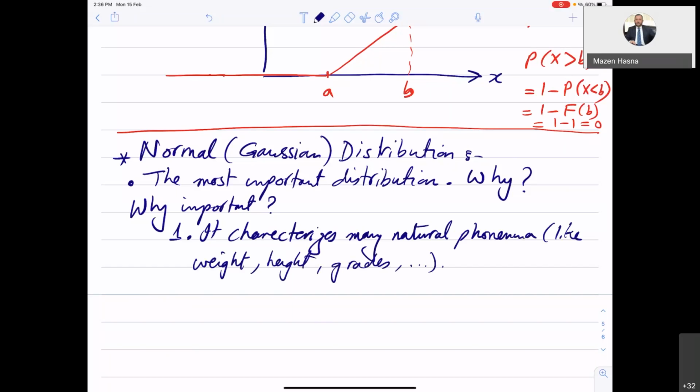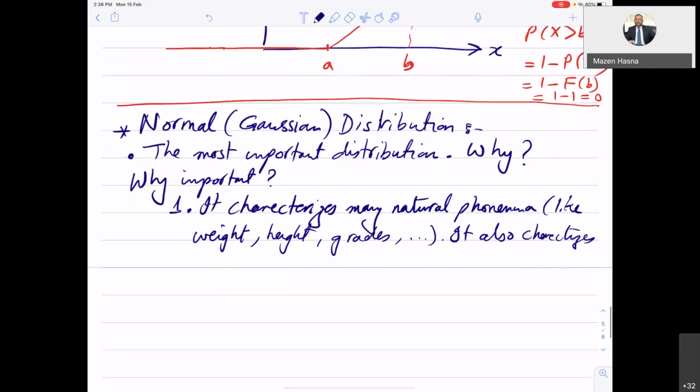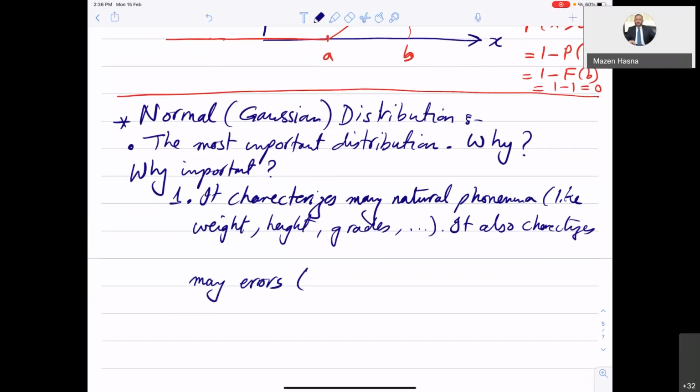In our fields, it also characterizes many errors. Like in the lab, if you did the circuit lab, or for those of you who take the electronics lab, we have a famous noise called thermal noise that's caused by the random movement of electrons in wires. It's also characterized by a normal distribution. So this is the first reason.